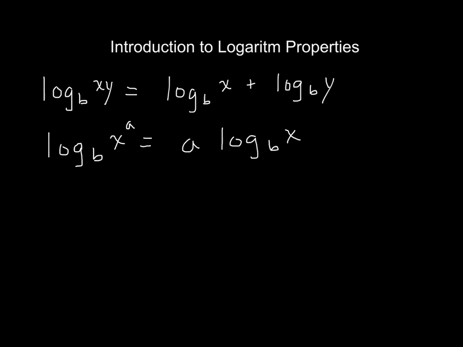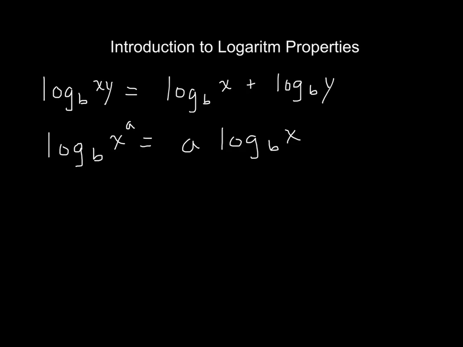I just call that the move it out in front property. If you have an exponent on your logarithm, you can just move it out in front and multiply. Is it really called that? No, it's called the power property. Do you need to know all the names of them? For me, usually I don't use a name so much. As long as you know how to use it, then I'm okay with that.